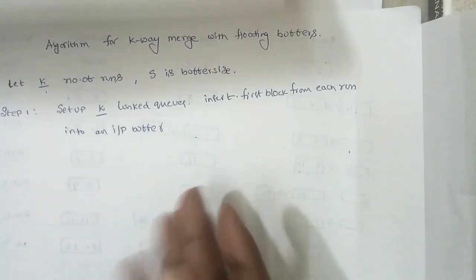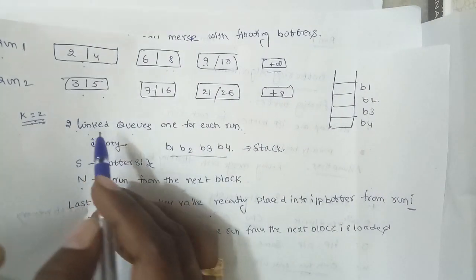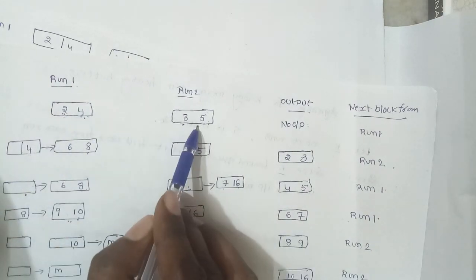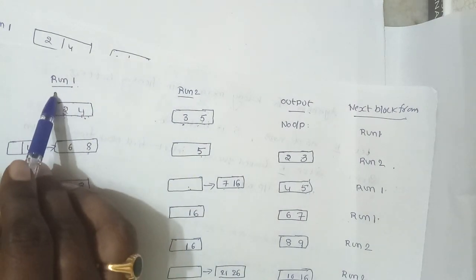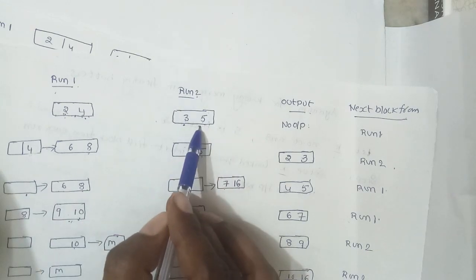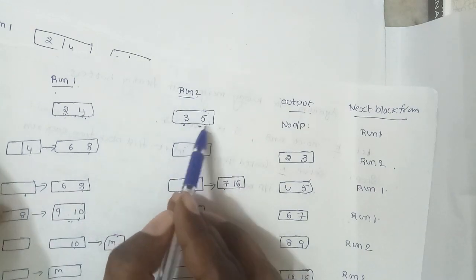See the same example. Here I am using 2 linked queues, so I am using 4 buffers. Initially I use 2 input buffers, block 1 from run 1 is pushed into one buffer, and block 1 from run 2 is pushed into the other. Now the remaining 2 buffers are placed into the stack.